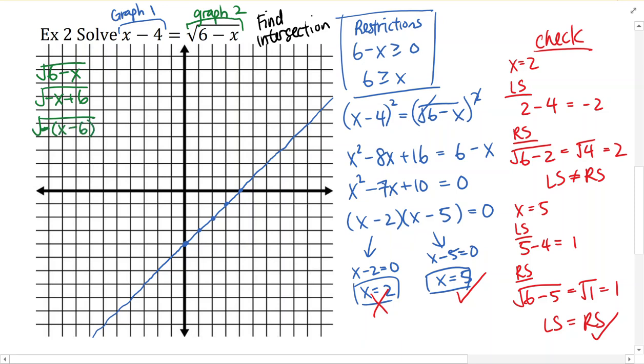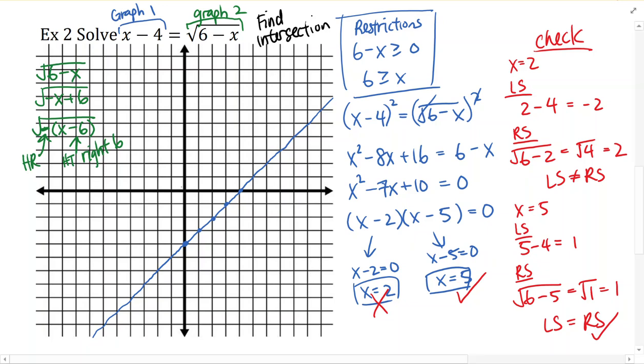So now from here, we have a horizontal reflection, and from this 6, a horizontal translation right 6. Our normal square root graph is reflected and then moved to the right 6.